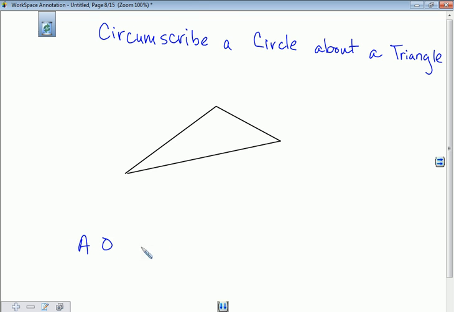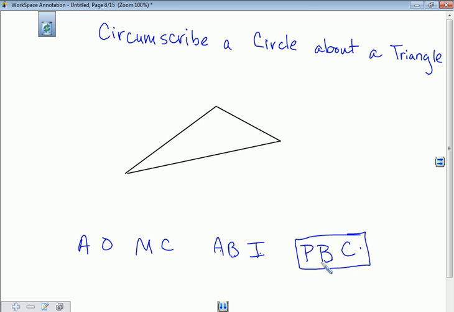My children bring in peanut butter cookies. Altitude, orthocenter, median, centroid, angle bisector, incenter, perpendicular bisector, circumcenter. So this is the one we want. We want the circumcenter. So what do we need to do? The perpendicular bisector of two of the sides.